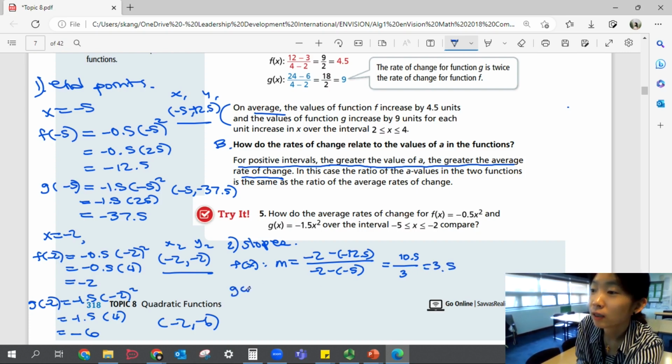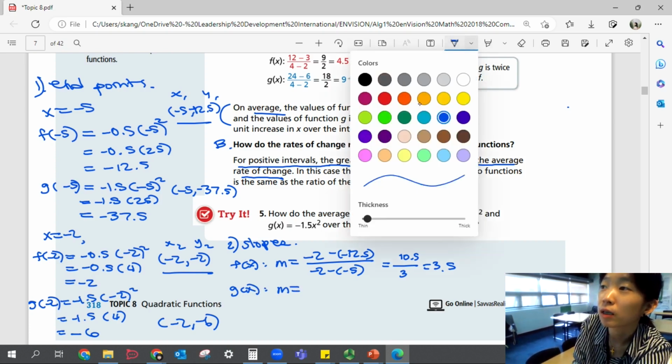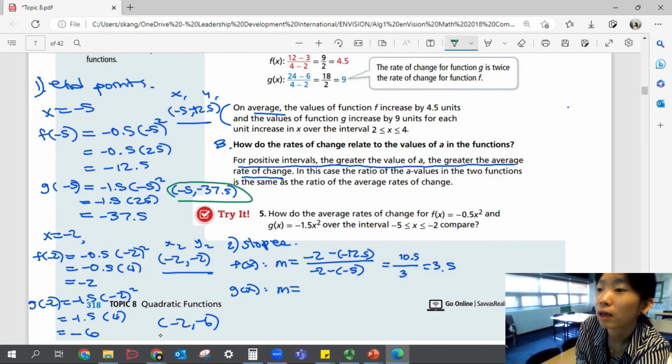And then g of x, your slope, let's use a different color. For g of x, we're using this one and that one. So your slope should be negative 6. So label your points just in case you mess it up.